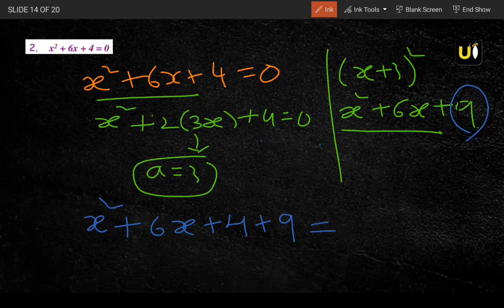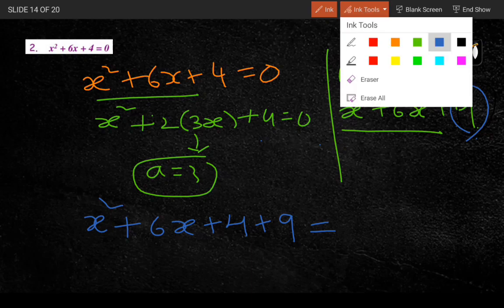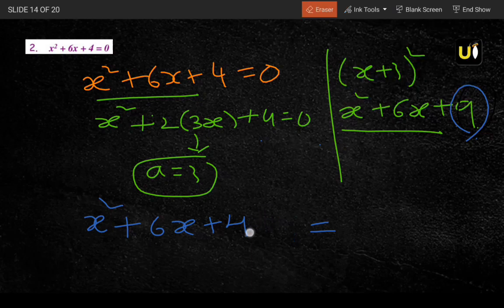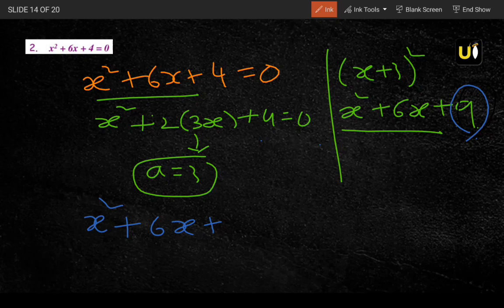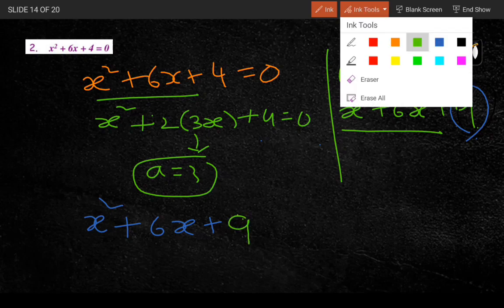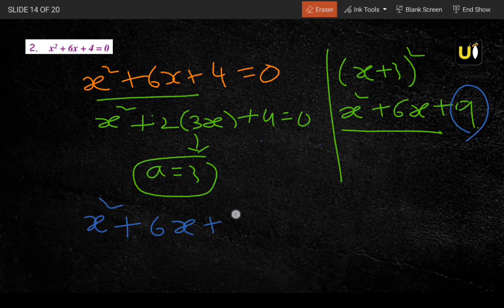Why add 9? Simply, if you add 5, what will happen? So let's see. Now here we are having 4.